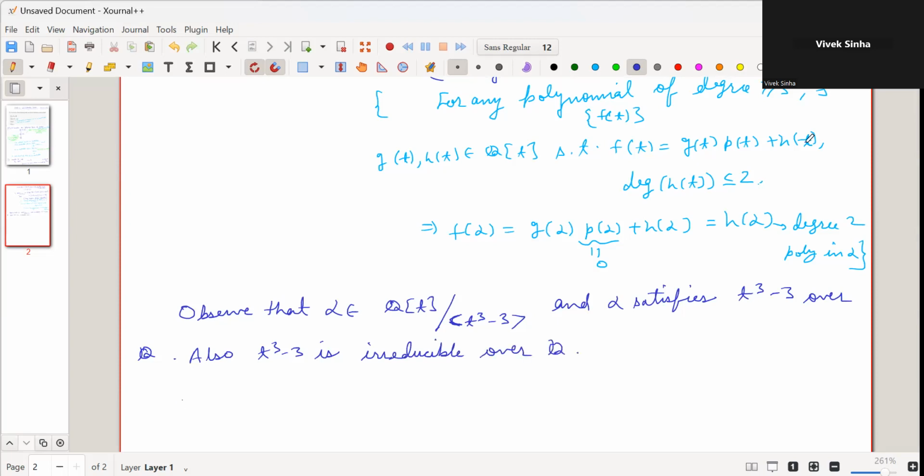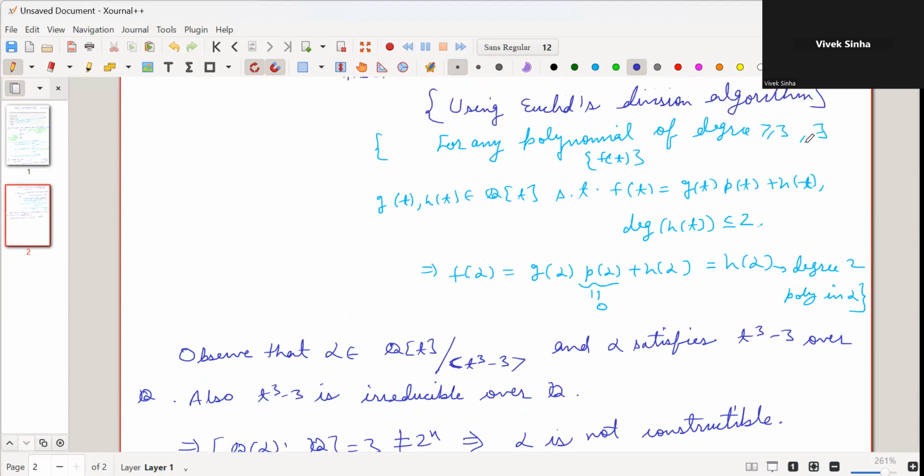This implies the degree of the extension of alpha over Q is equal to 3, which is not of the form 2ⁿ, and this implies alpha is not constructible, right? Because if it is constructible, then its degree should be of the form 2 raised to n.